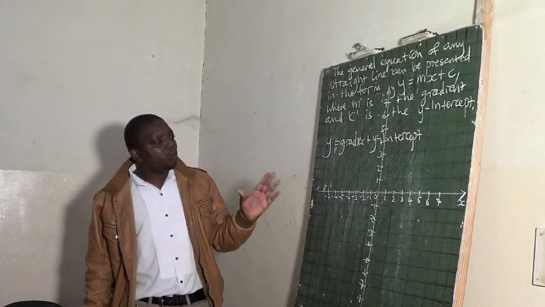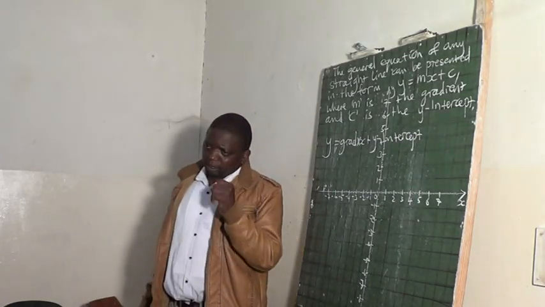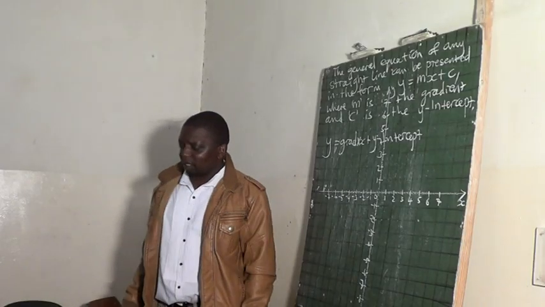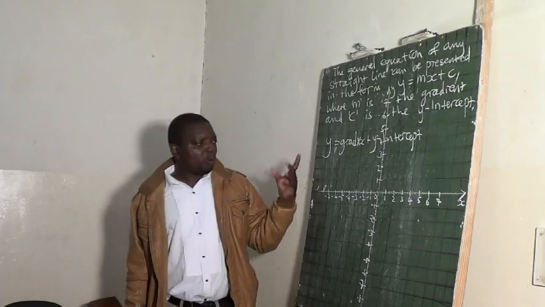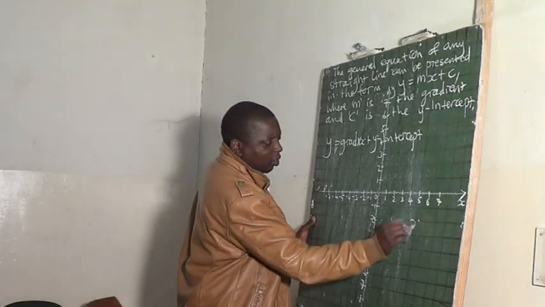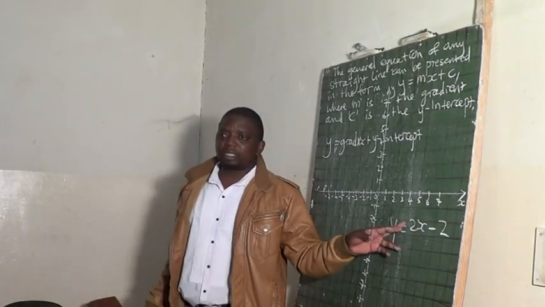Whenever we write the equation of a straight line, you must be able to identify the gradient and the y-intercept. That's the first thing. In y is equal to 2x minus 2, what is the gradient and what is the y-intercept?